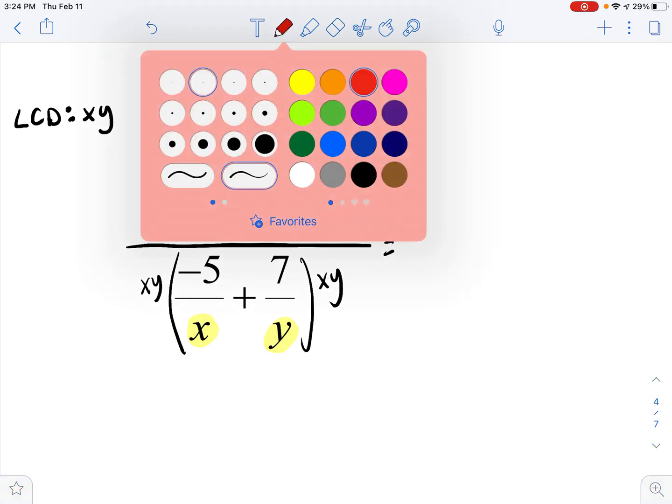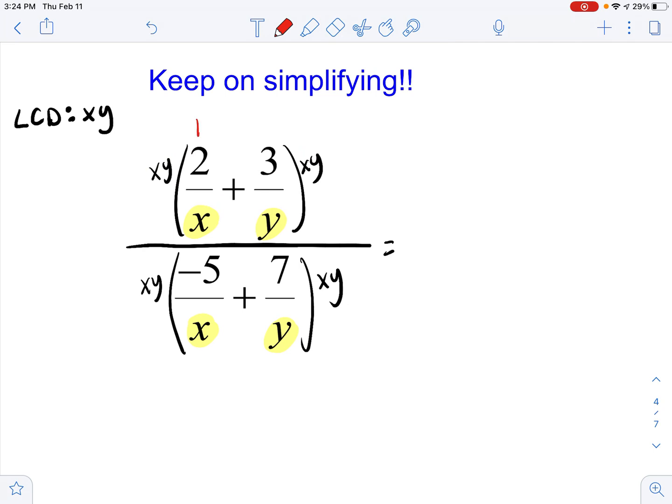Okay, now we work on our cancellation. So with this first fraction, x and x cancel out, leaving me with 2y. In my second fraction, y and y cancel out, leaving me with 3x. In the first on the bottom, x and x cancel out, leaving me with minus 5x.